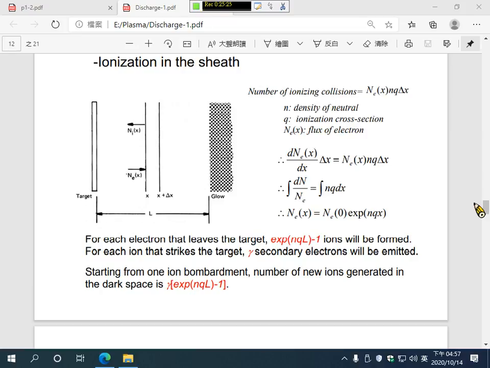So before the first electron disappears in the negative glow, the surface of the cathode can supply this number of electrons.